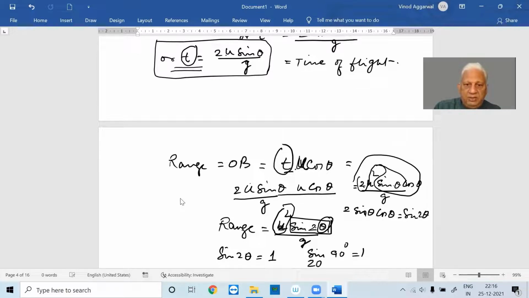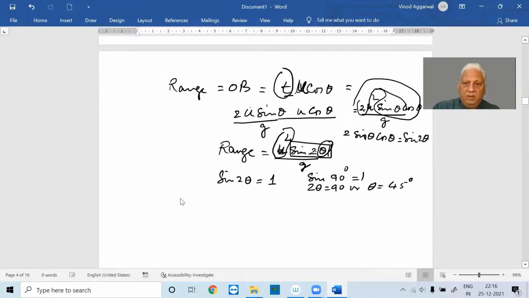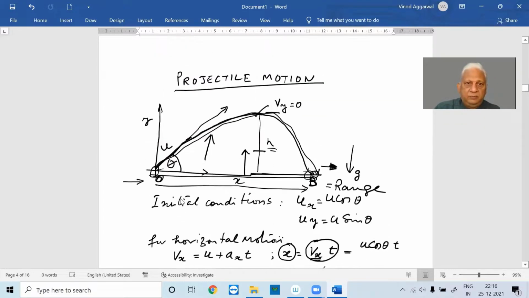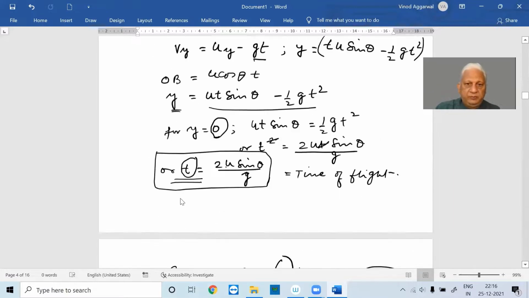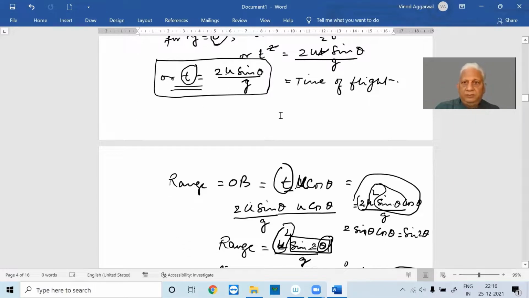That means 2 theta is 90 or theta is 45. That means if we shoot our projectile at 45 degrees to the ground, our range will be maximum. Okay.